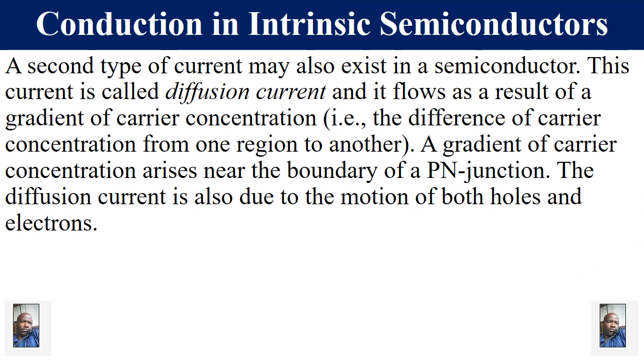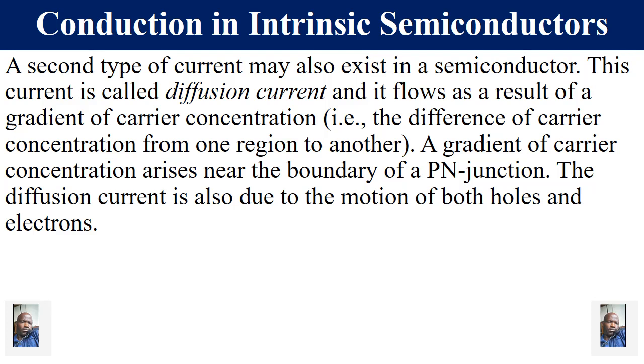The current due to the applied voltage is called drift current, as we have seen in the previous slide, and the current due to an unequal distribution of charge carriers is called diffusion current. We know from high school what diffusion is. Diffusion tries to attain equilibrium.